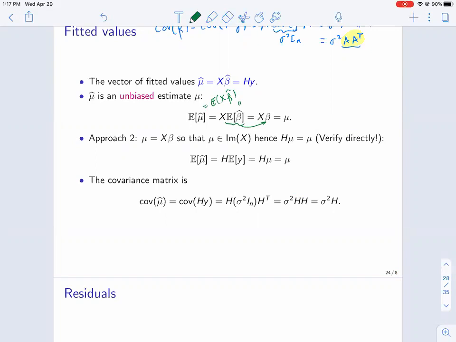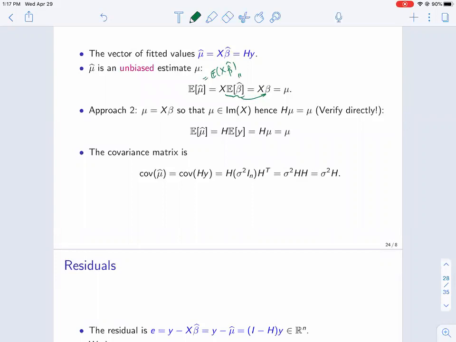The second approach is we can prove the same thing using the other notation. So mu is X beta, so mu should be in the image of X because it's written like X beta. So if I multiply H by mu, I would get mu itself. This can be verified using the formula for H, but it also has a geometric interpretation.